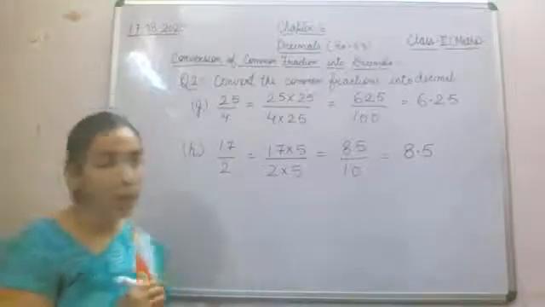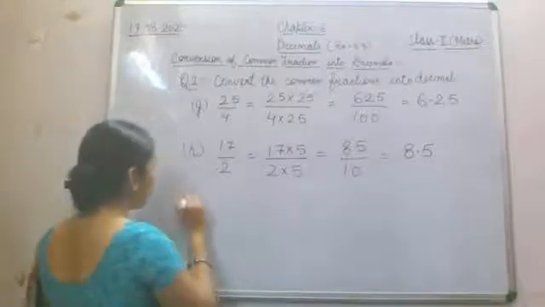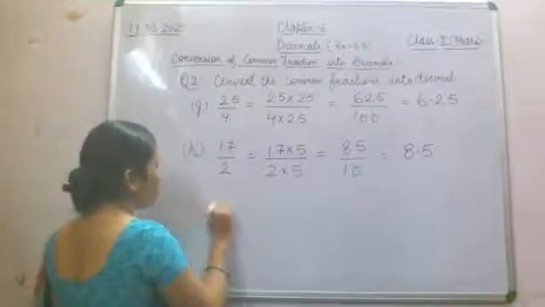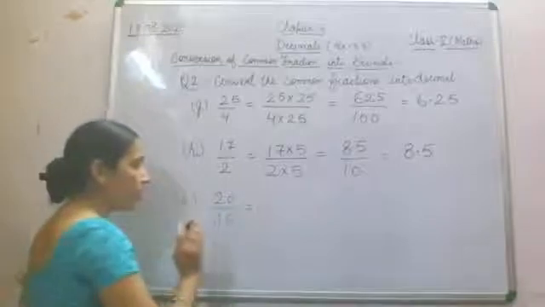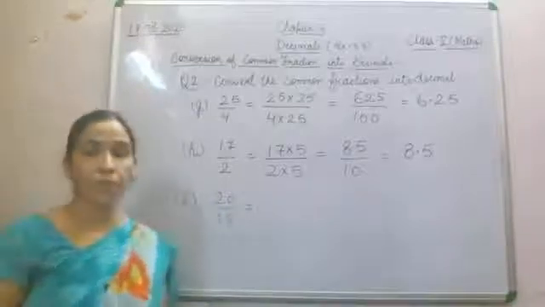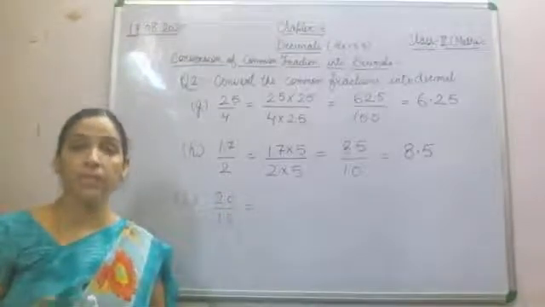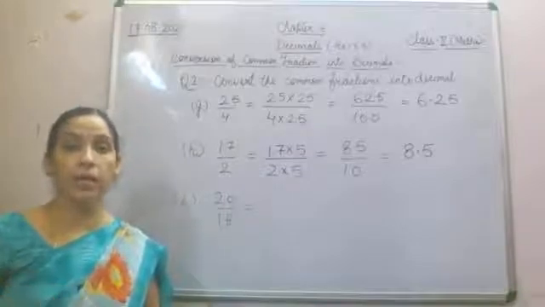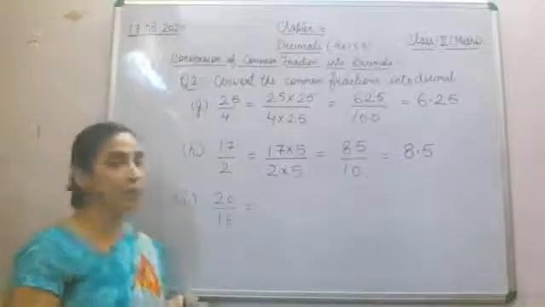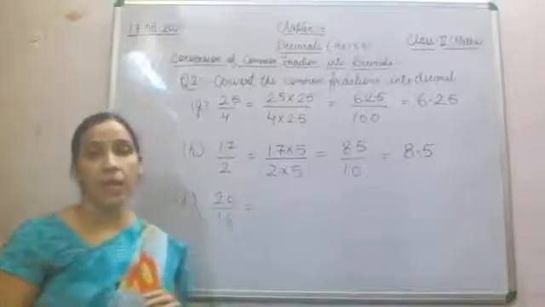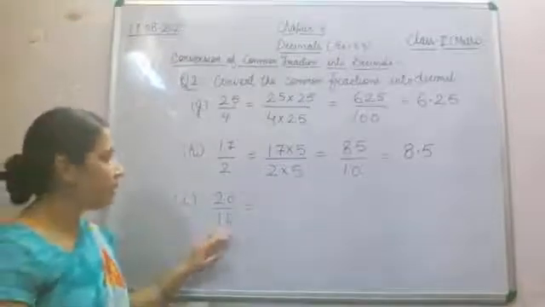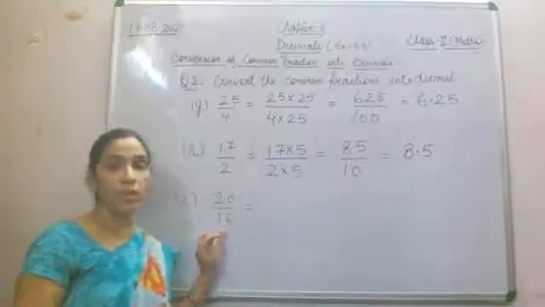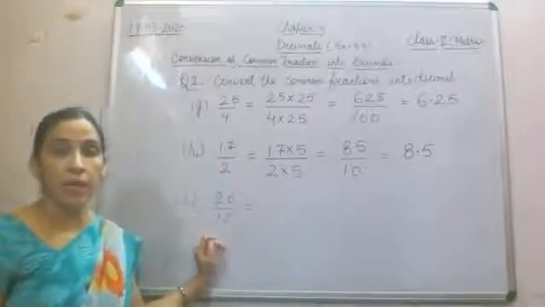Now let's start I part. That is 20 by 16. Now can you convert this 20 by 16? Can you multiply 16 by any number so that the denominator will become 10, 100 or 1000? Let's find it out. 16 will be multiplied by which number so that the denominator will become 100?